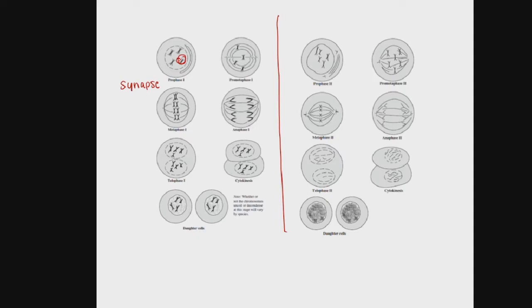When 2 duplicated genes cross over and they complement each other, they can swap genetic information and make that chromosome unique. And similarly, we see that duplication, we see those spindle fibers attaching, we see lining up at the metaphase plate, and we see anaphase pulling it apart.